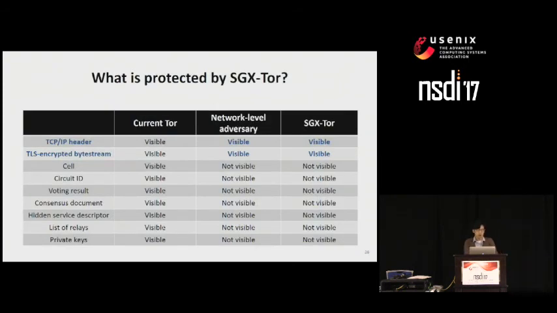The table shows the data structures that are visible to current Tor, a network-level adversary, and SGX-Tor. In contrast to current Tor, an attacker can only see the TCP/IP header and TLS encrypted bytestream by observing Tor traffic. In summary, SGX-Tor raises the bar for Tor adversaries to that of traditional network-level adversaries.